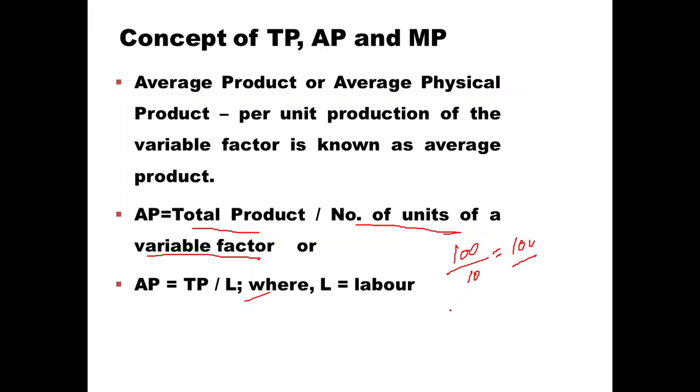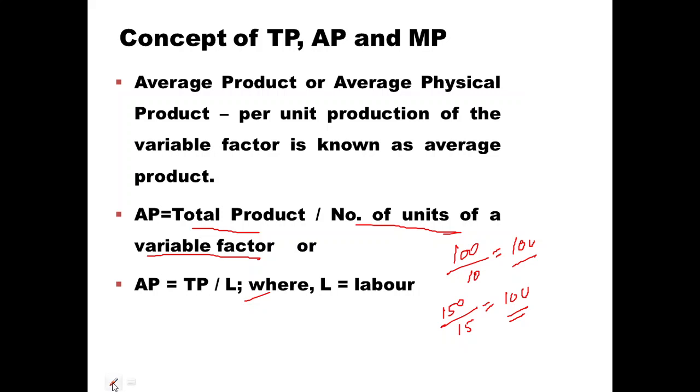If your production increased to 150 and you are using 15 labor, here your average product will again be 10 units. This is a hypothetical example I am taking. So whatever the total product is, divided by the number of workers used for the production, you will get the average product.